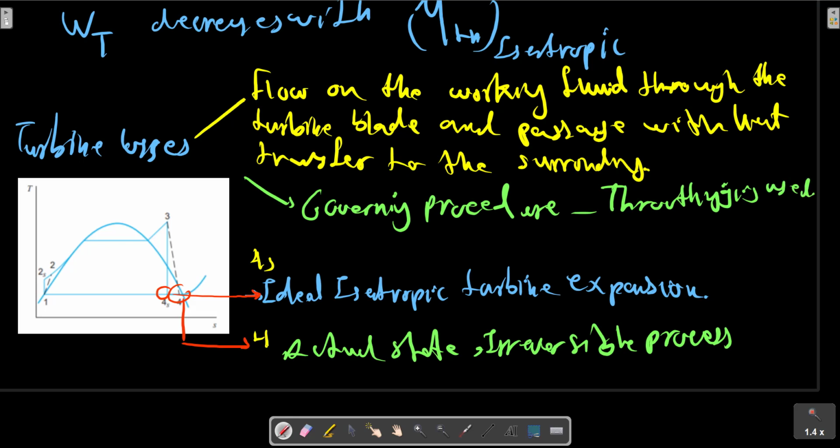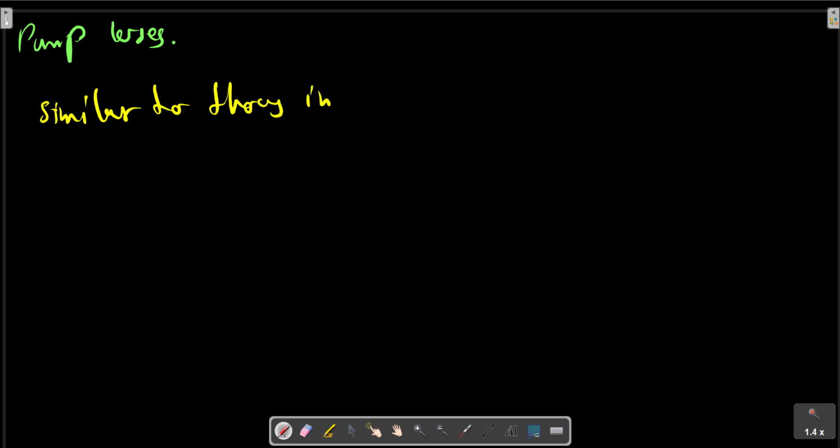Pump losses, in the next section. The losses in the pump are similar to those in the turbine and are due primarily to the irreversibility with the fluid flow.